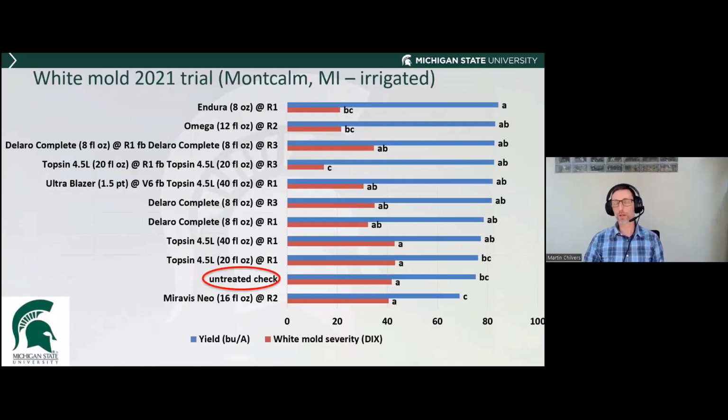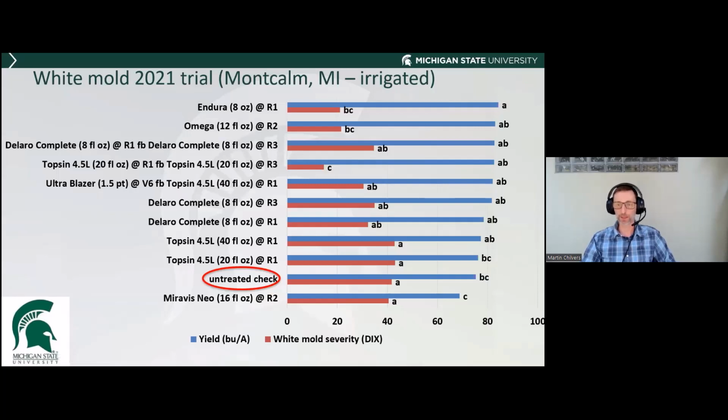At this location too, we do a lot of fungicide screening, looking for fungicides for their performance on white mold. We're looking here at a number of different products, just one example trial. We have many different trials that we run, different combinations, different timings to look at optimizing both the chemistry and the timing to optimize control. Essentially, year in and year out, for us, one of our gold standards there is Endura.